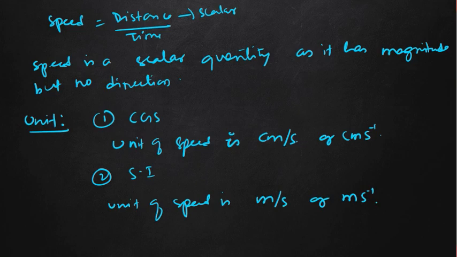So the next definition is uniform speed. What is uniform speed? If a body covers equal distance in equal intervals of time.